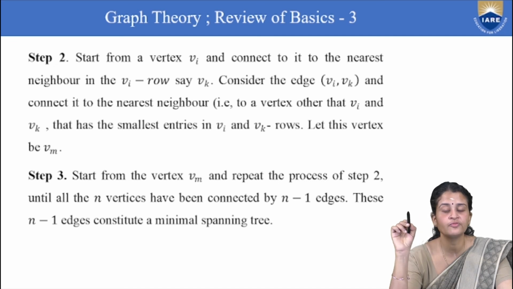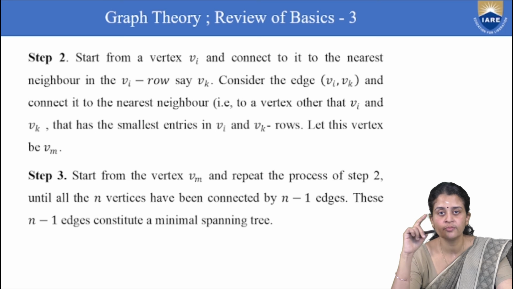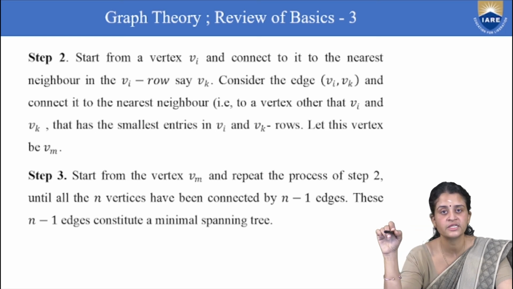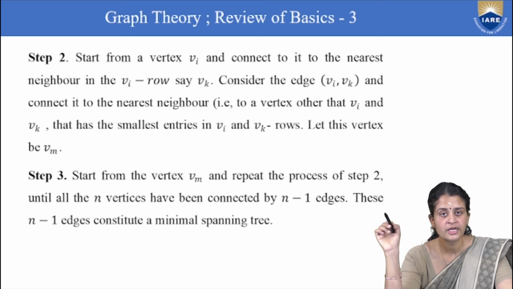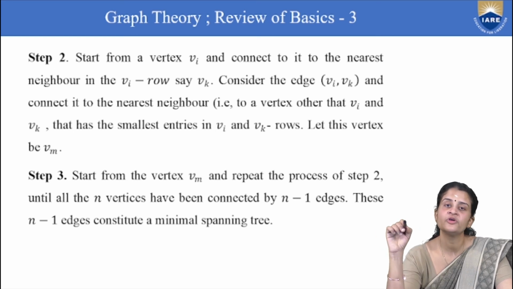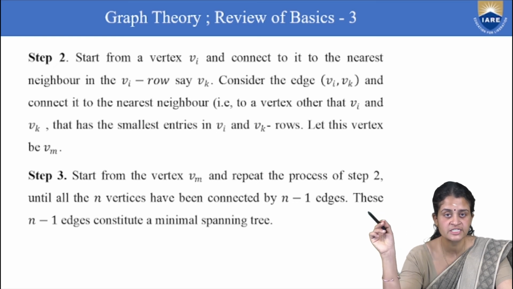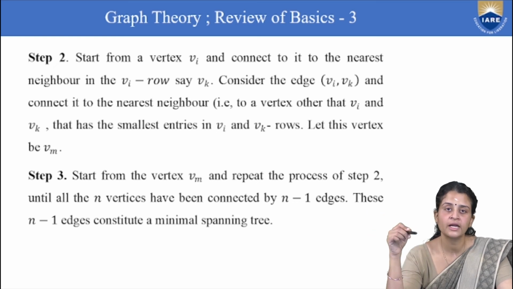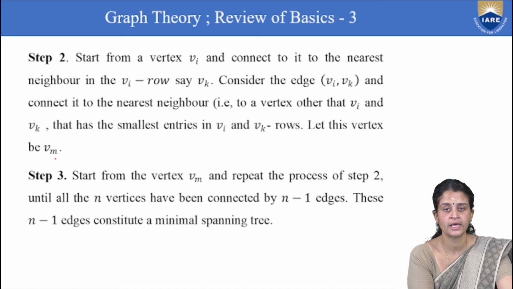Just draw an edge ViVk. Then go through the Vi row and Vk row entries and find the least weight, and connect that vertex to Vi or Vk according to which has the least weight, and then connect that to Vm.